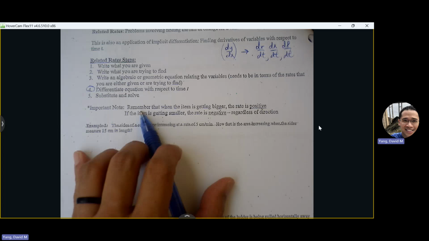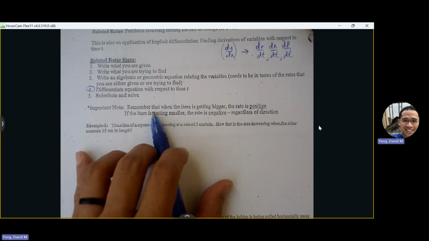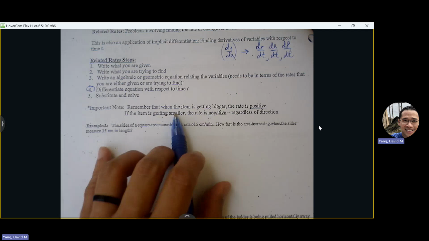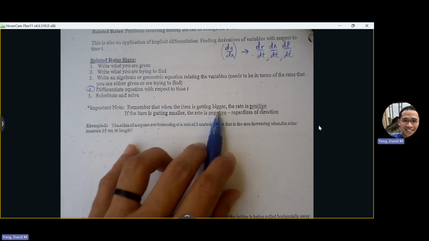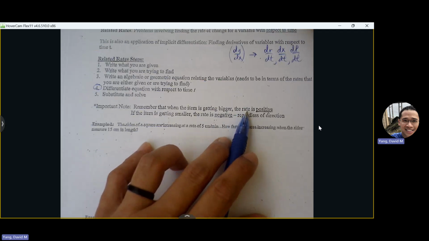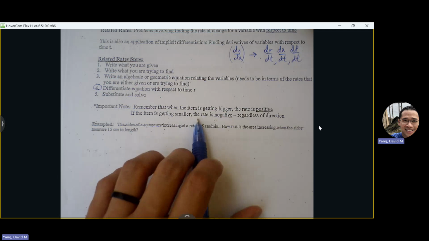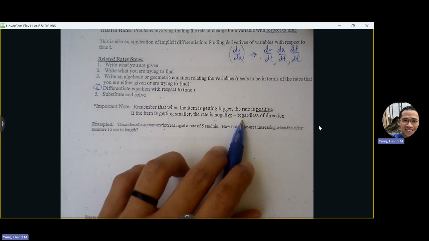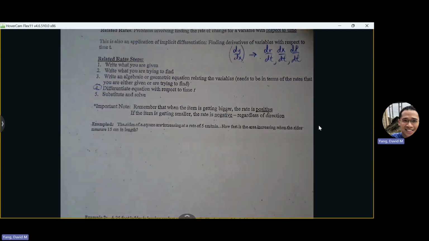Here's an important note. I will stress this as we do each problem. Remember that when the item is getting larger, the rate is going to be positive. If the item is getting smaller, then we want the rate to be negative, regardless of direction. And that's something that we have to get used to, because we just got done with particle motion, where moving right is positive velocity and moving left is negative velocity.